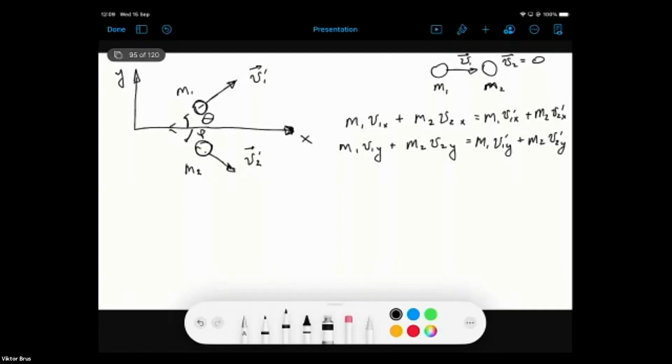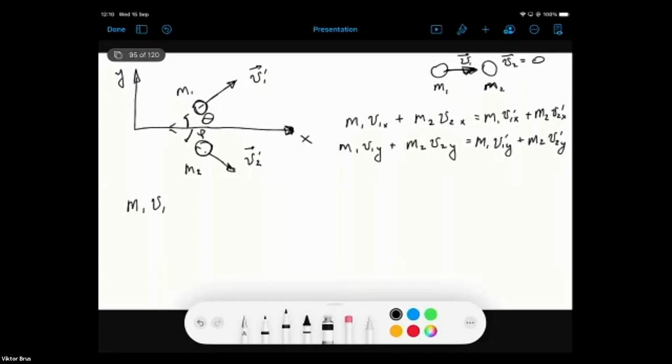Now let us see what we have in this particular case. Initially we have M1 times V1 on the left of the first equation because our initial velocity vector is aligned along axis x. So it's moving horizontally. So the full length of the initial linear momentum of the first body is projected on axis x. So it will be M1 times V1.